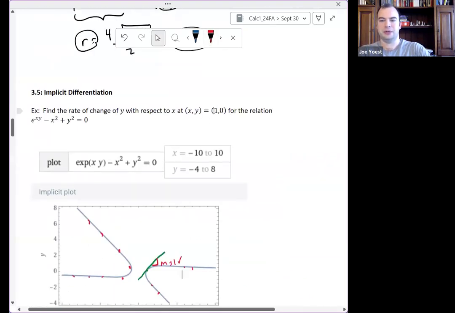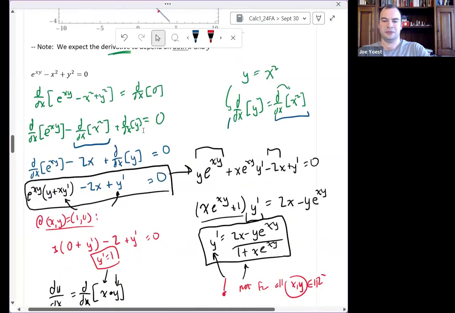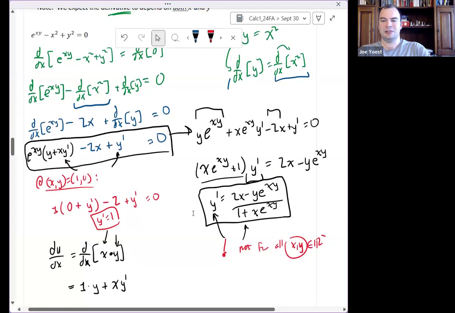The coordinate 1 comma 0 lies on the curve. We see very clearly that if I plug in x equals 1, y equals 0, I end up with e to the 0 minus 1, which is indeed 0. So the point 1 comma 0 does lie on the curve. So this y prime represents a derivative.